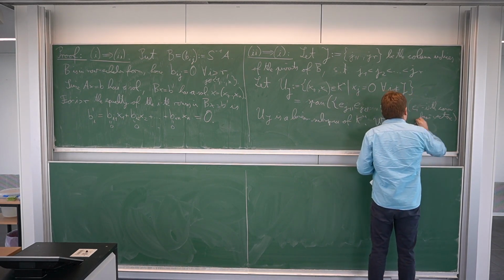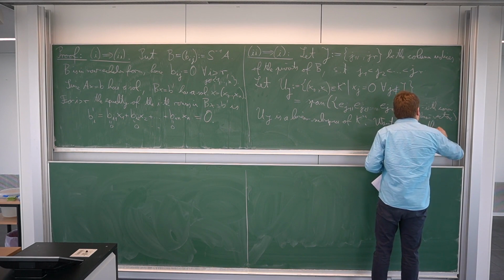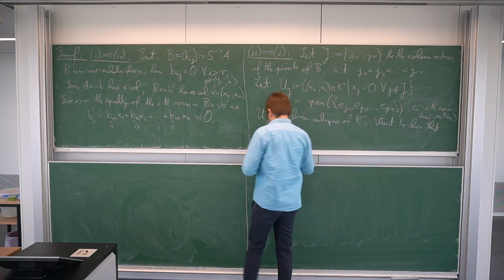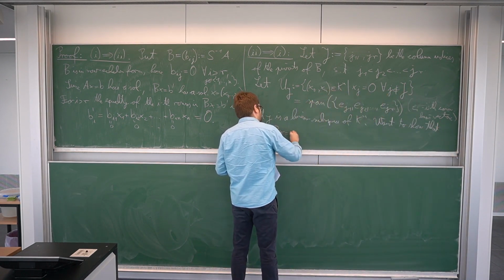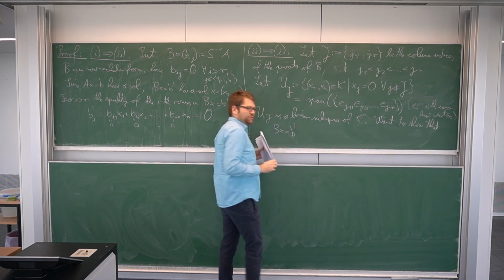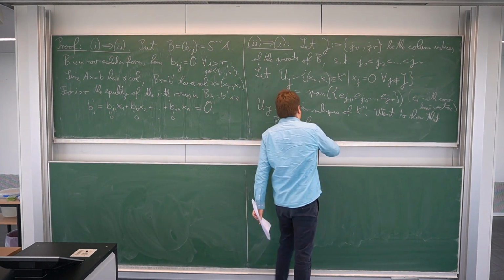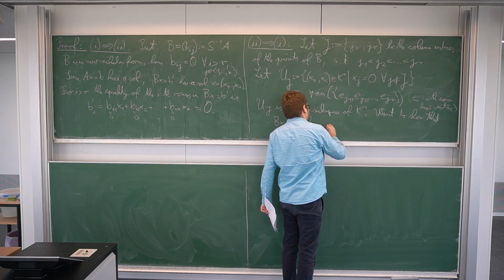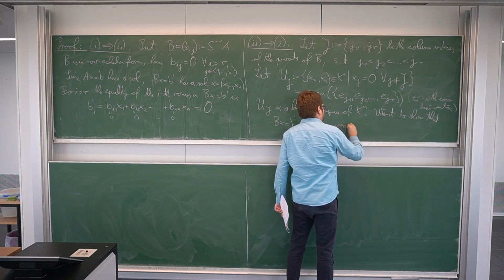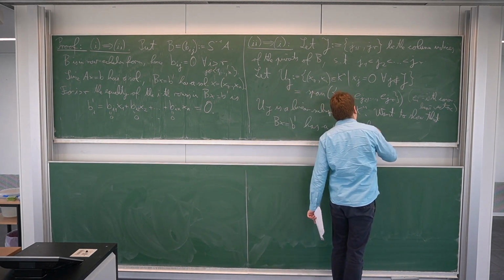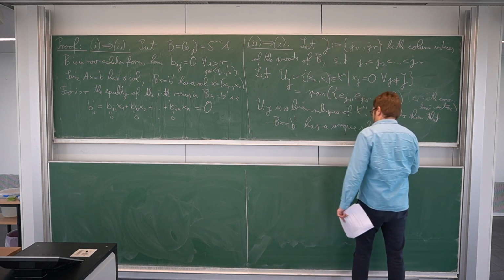We want to show that the equation Bx is equal to b', which is of course equivalent to Ax equal to b, has a solution in this space, and it even has a unique solution in this space. This is more than we asked for, but this is a useful observation that we will need later on.